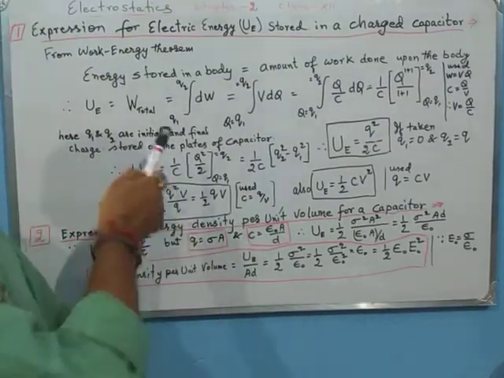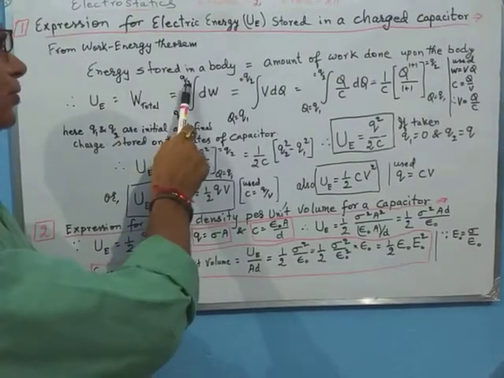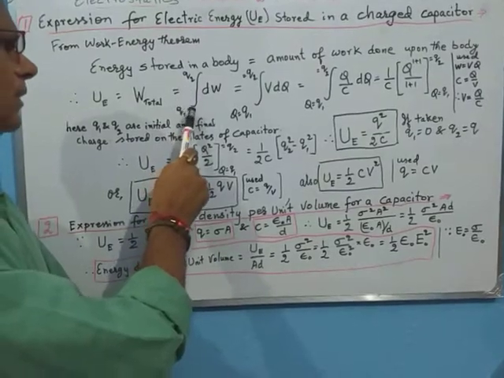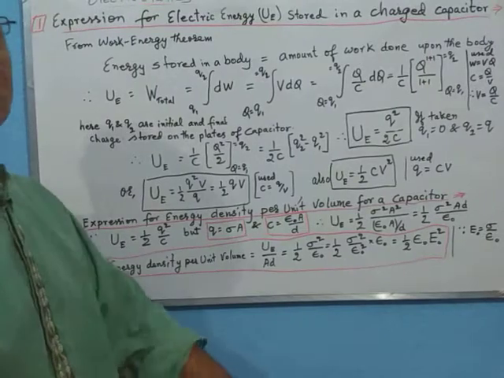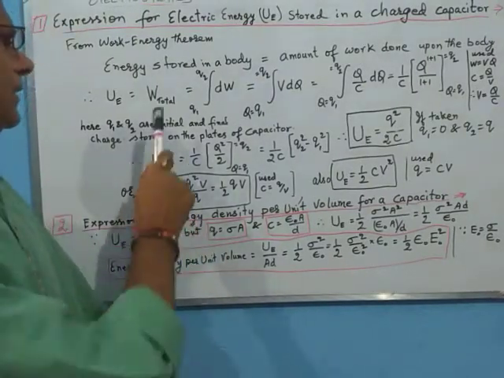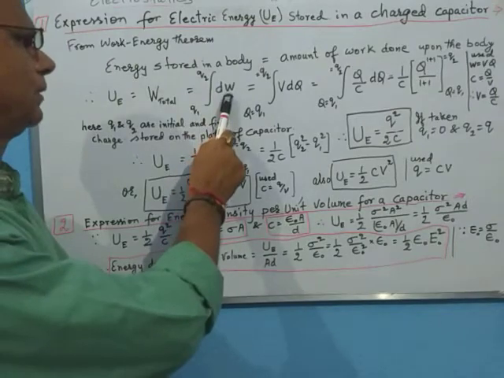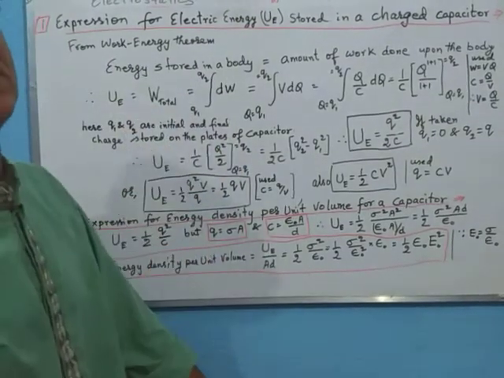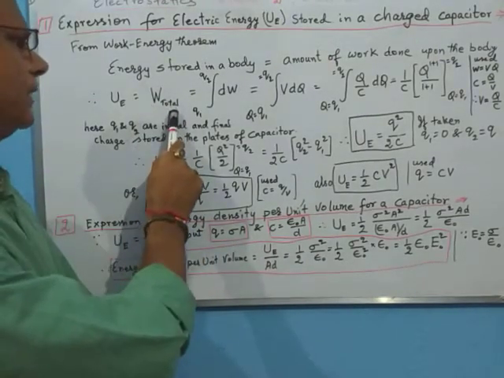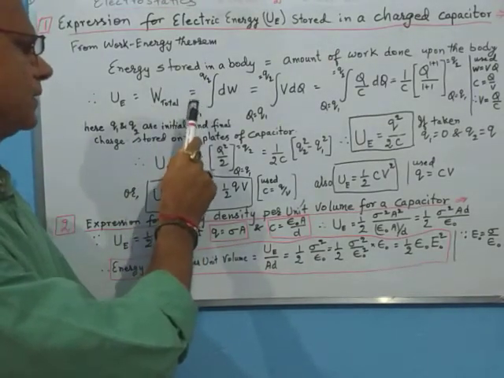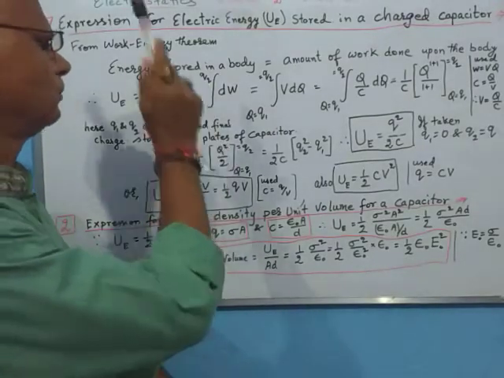So if we are bringing charge from Q1 to Q2 on the plate, starting with charge Q1 already existing on the plate, then the infinitesimal work done dW, when integrated within the limits Q1 to Q2, gives the total work done in accumulating the charge from Q1 to Q2.